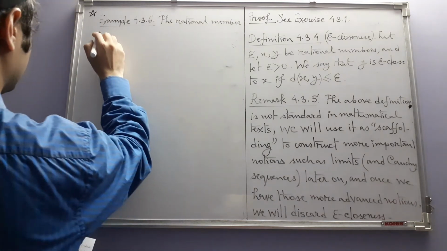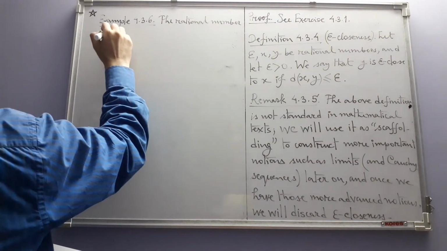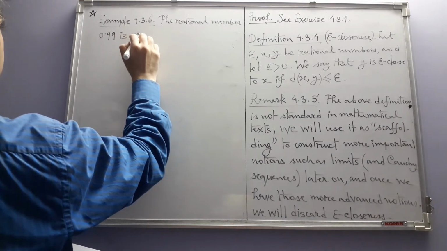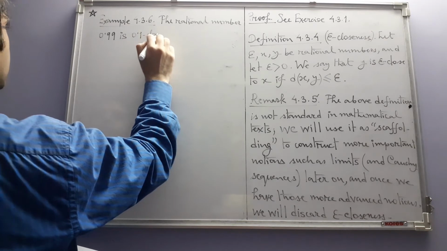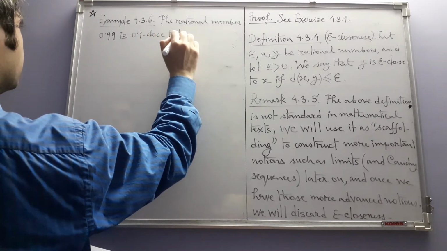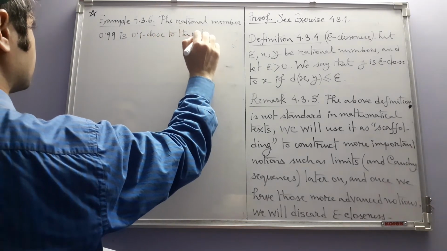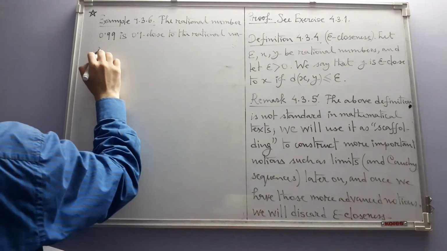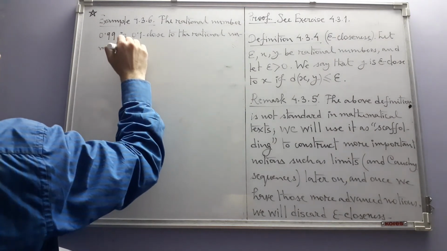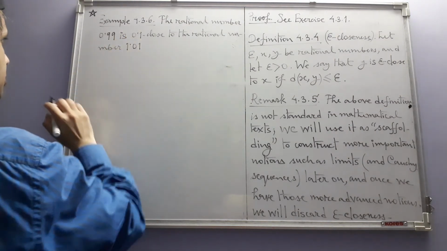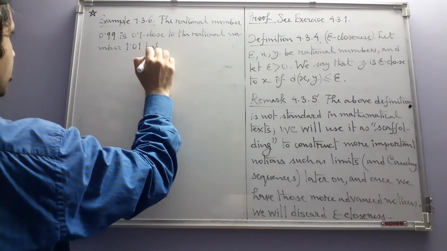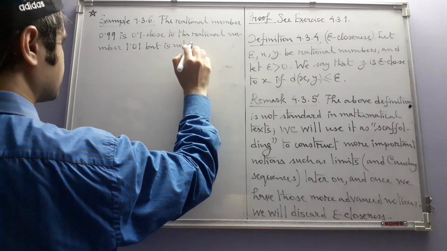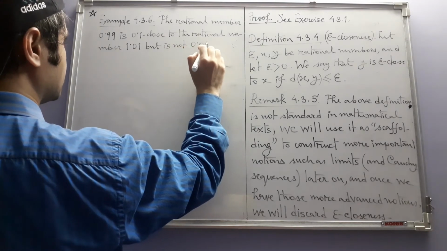The rational number 0.99 is 0.1 close to the rational number 1.01, but is not 0.01 close.